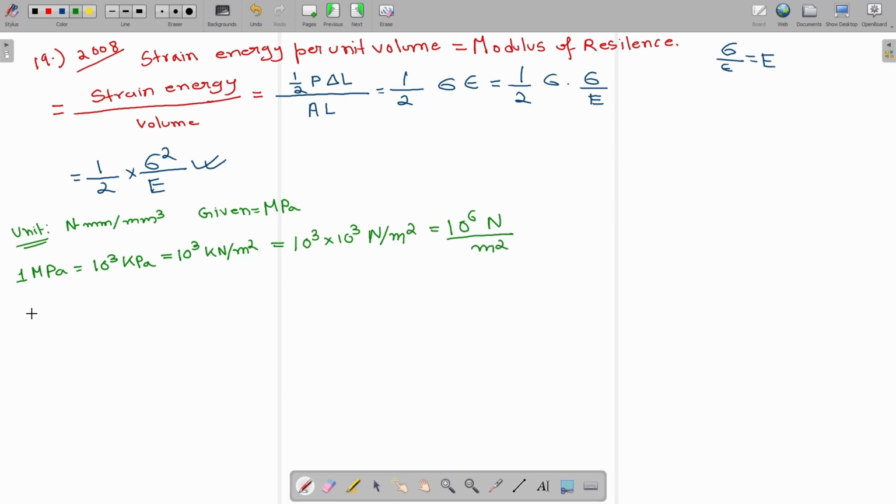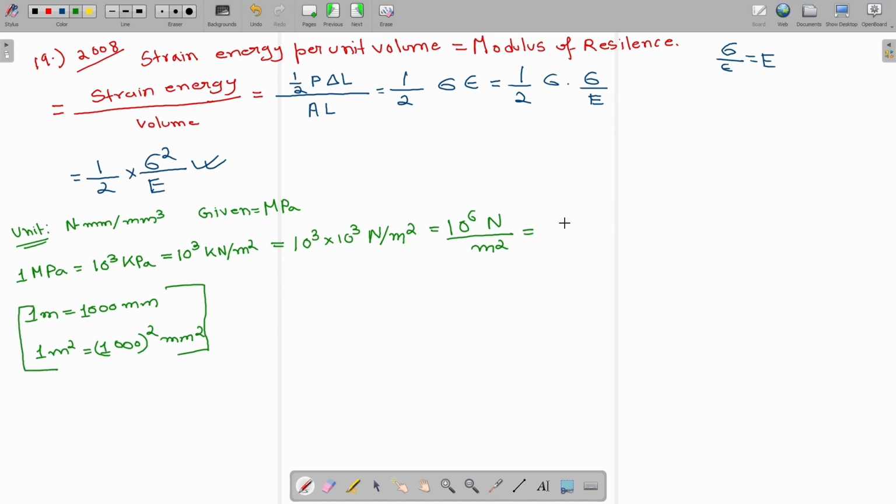We know that 1 meter is equal to 1000 millimeter. Therefore, 1 meter square is equal to 1000 whole square into millimeter square.